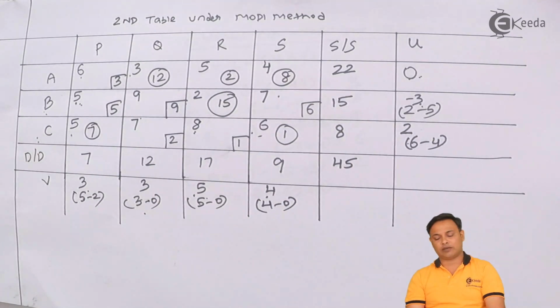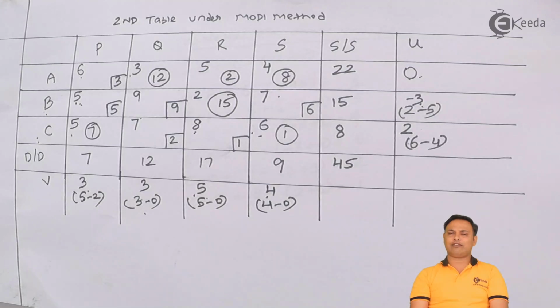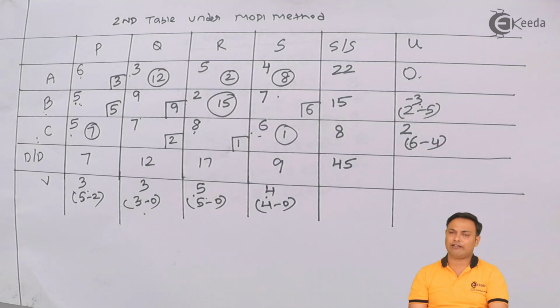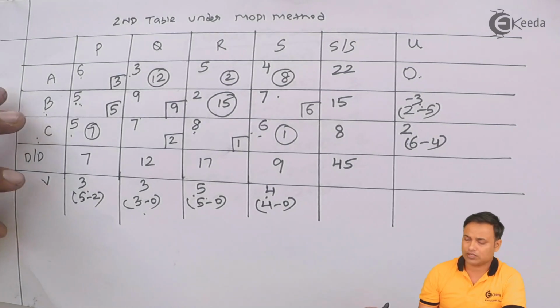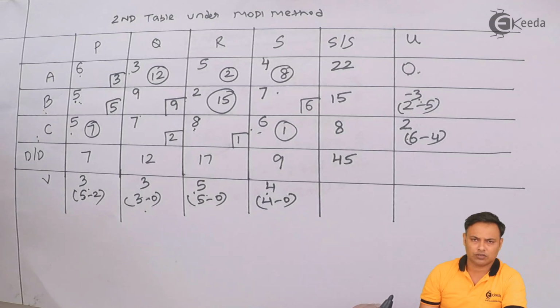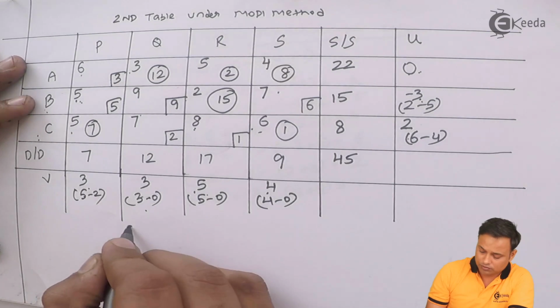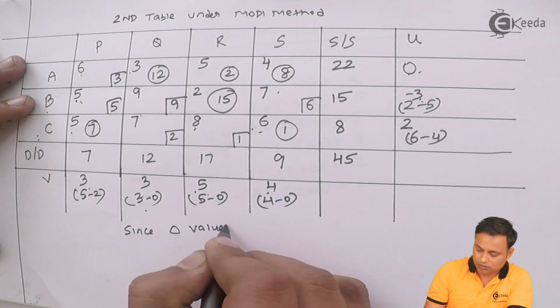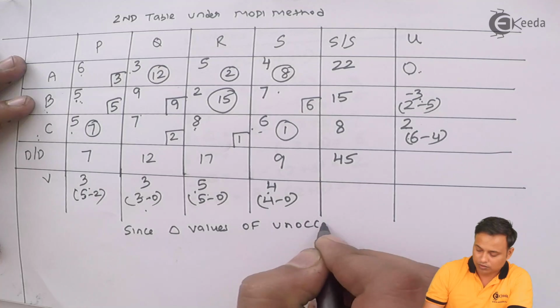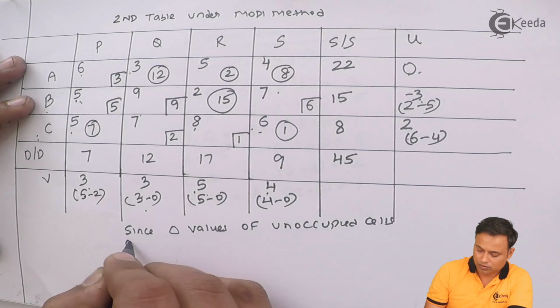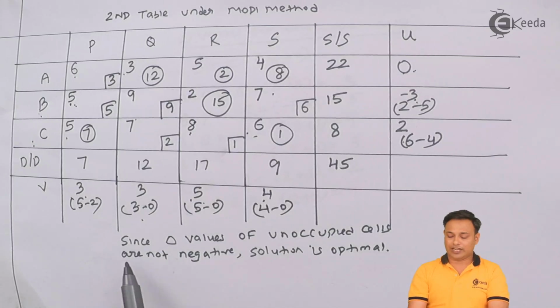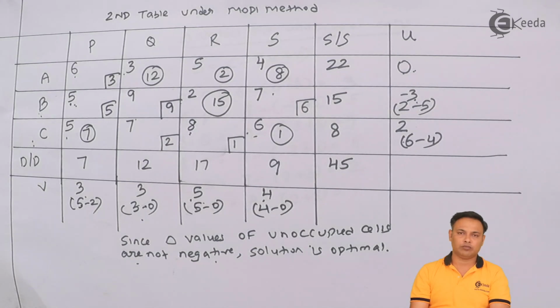We can observe from the table that all the delta values are positive. None of the delta value is negative. So we can conclude that this is the optimal solution. You just note down this point. Since delta values of unoccupied cells are not negative, solution is optimal.